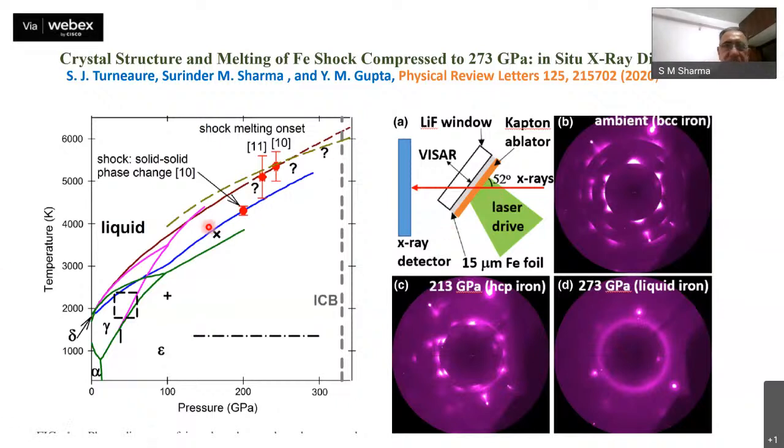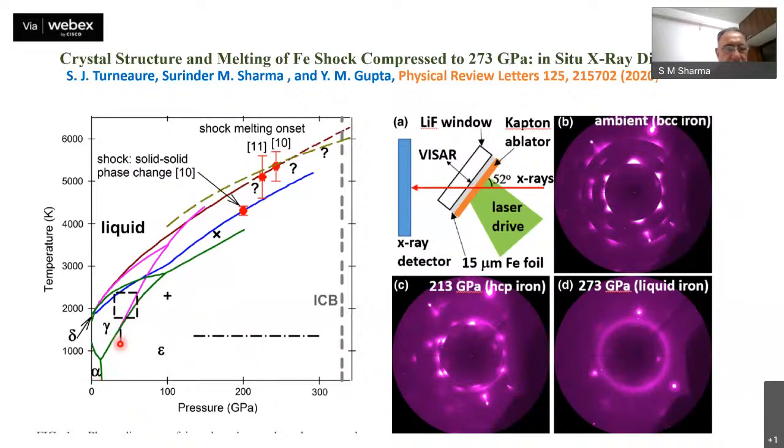This summarizes the kind of phase diagram which was known. You see that iron exists in the BCC phase, and it's known to go into what is called the epsilon phase, which is the hexagonal close-packed phase. At high temperature, it goes to the FCC phase and so on. So some of these phases are known.